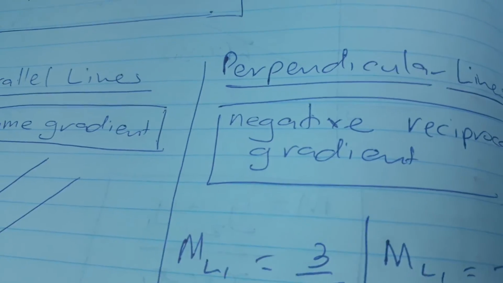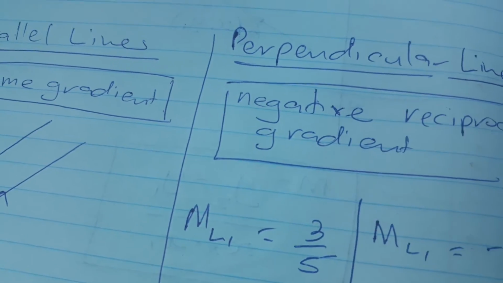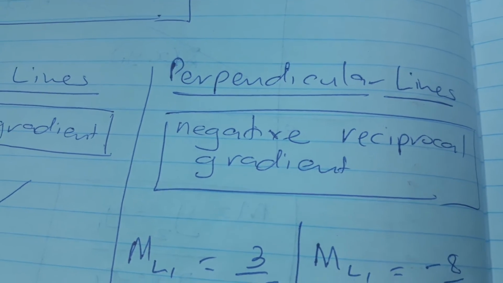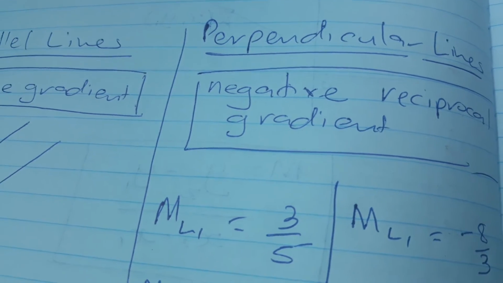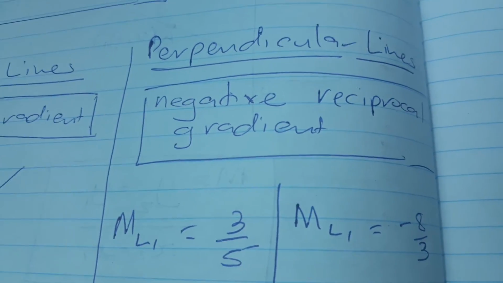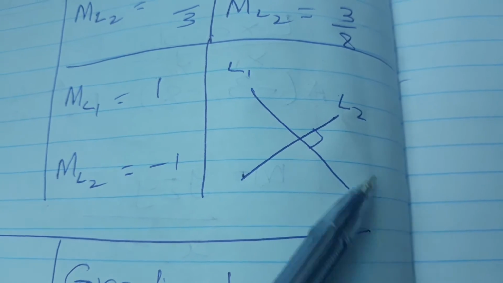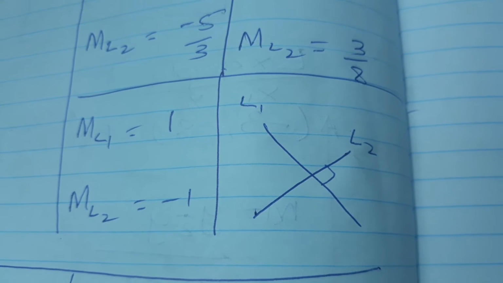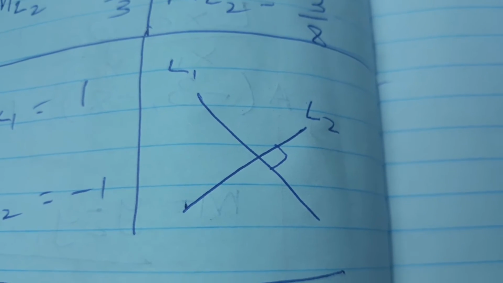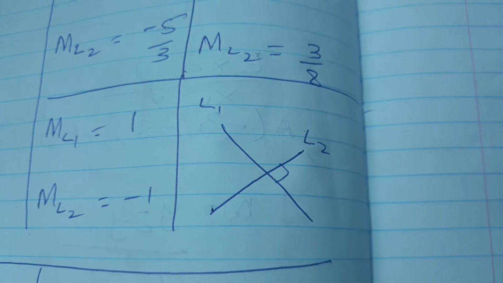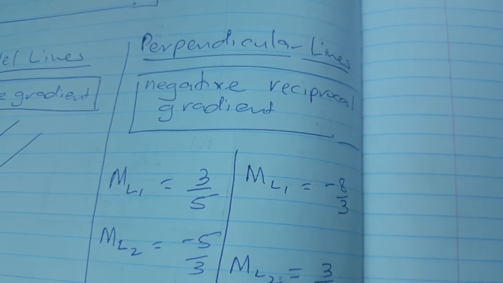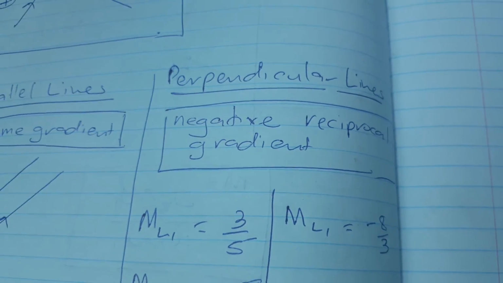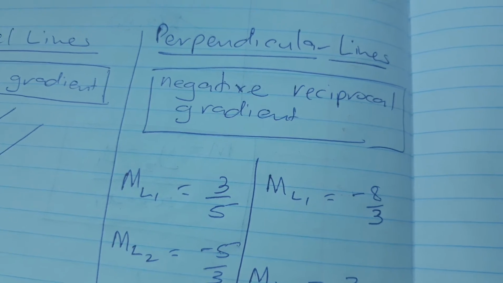Now gradient in a perpendicular line, when two lines are perpendicular, their gradients will be negative reciprocal. Now how does a perpendicular line look like? When perpendicular lines cross each other, they will make a 90 degrees angle. You will see that's how we label. So gradient of perpendicular lines are negative reciprocal of each other.